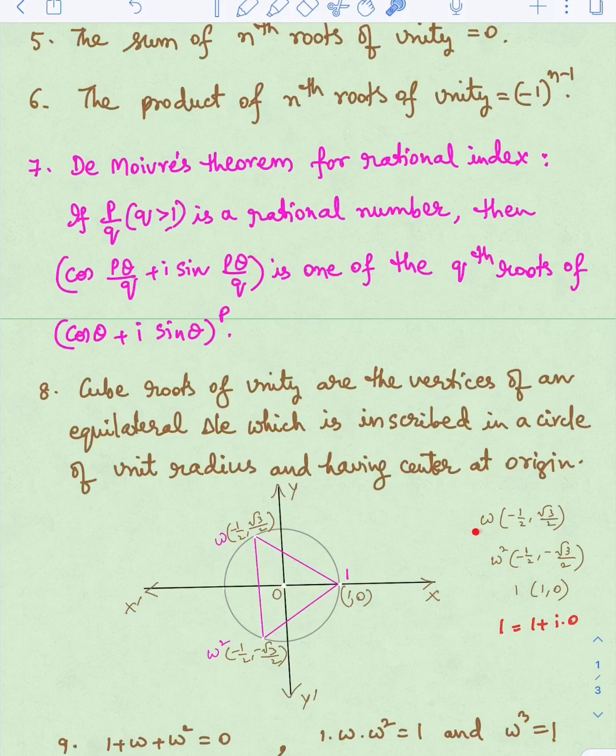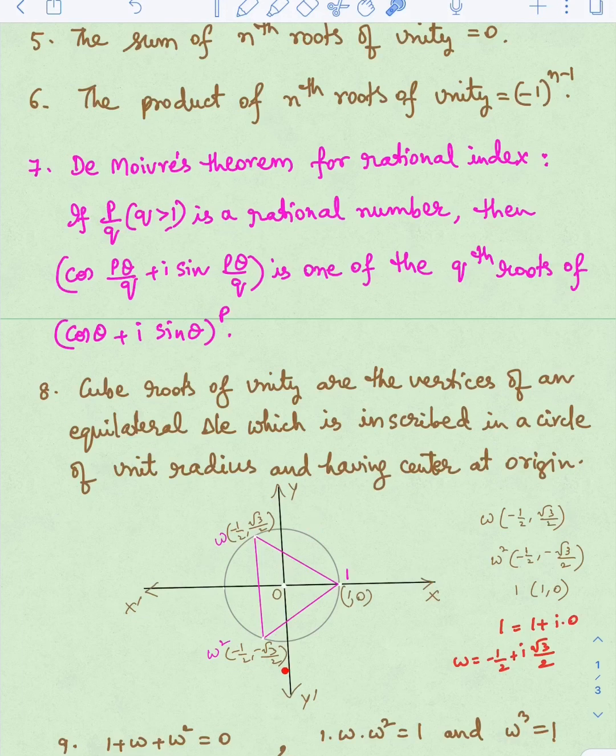In the same way, omega, I have already told you the value of omega, is minus 1 by 2 plus i into root 3 by 2. If you write it in point form, you get (minus half, root 3 by 2). You can see this here.